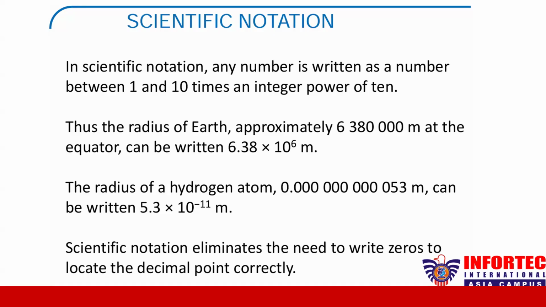Here we write this using a power of 10. We count from the final zero to 6.38: 1, 2, 3, 4, 5, 6. So the power of 10 is 6, and we write 6.38 times 10 to the power 6 meters.